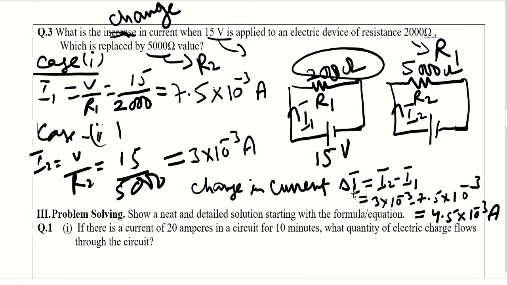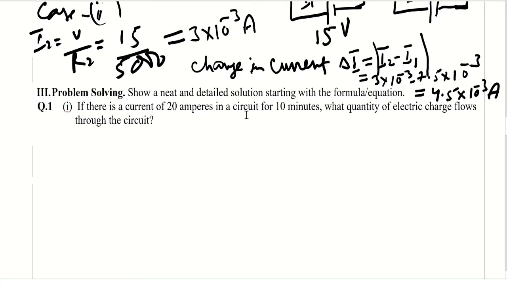Here the change in the current, use the formula delta I equal to I2 minus I1, where I2 is 3 into 10 to the power minus 3 from here, and this is I1. But here it will come with the minus sign, so don't take the minus sign, because we are finding the difference. When we find the difference we take the mod, which is always plus, it will never be with the minus sign, because we are finding the change only.